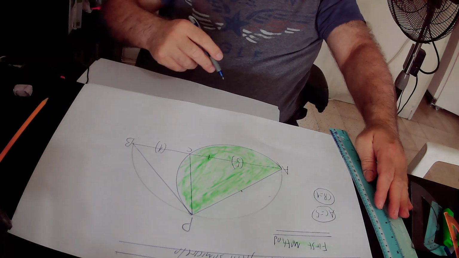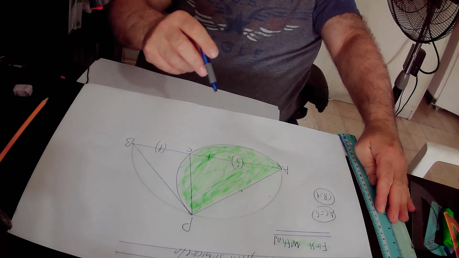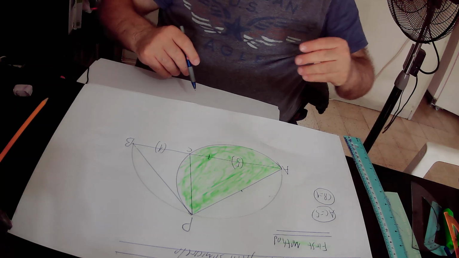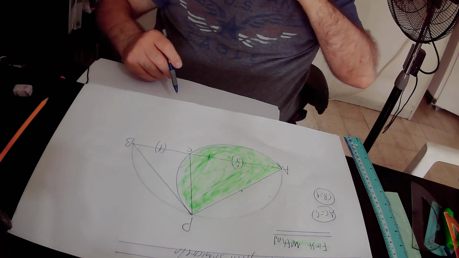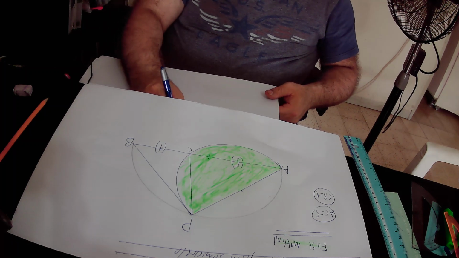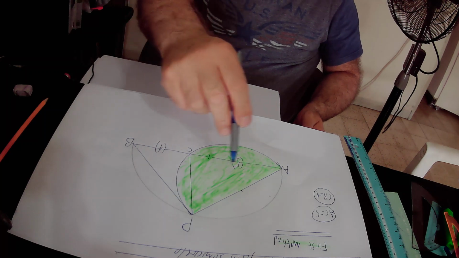I'll copy this green semicircle with the peripheral angle that we created in a new page, and we'll analyze this green semicircle. Our mission is to find out the area of this green semicircle.